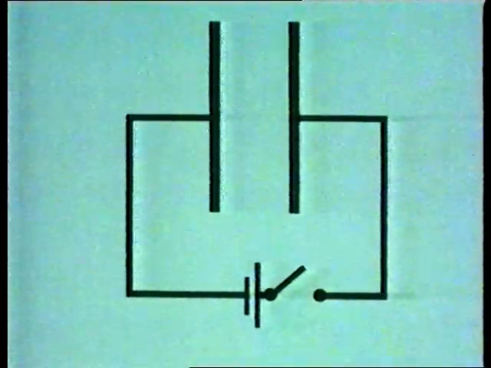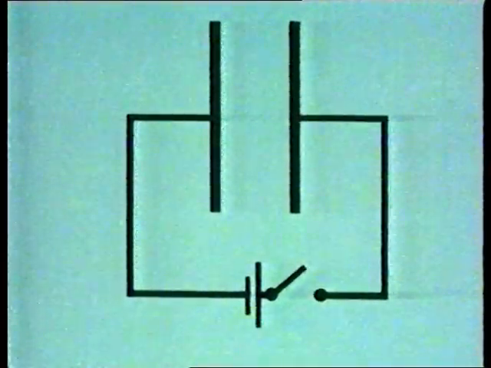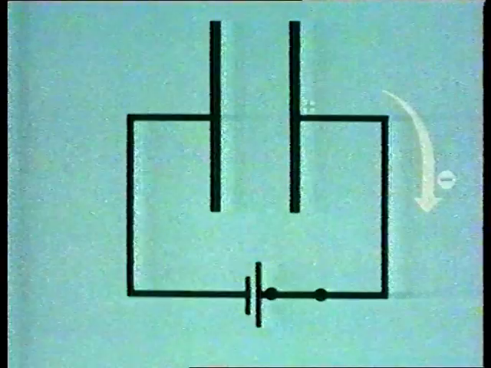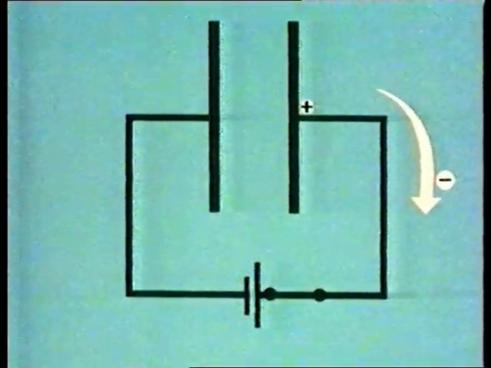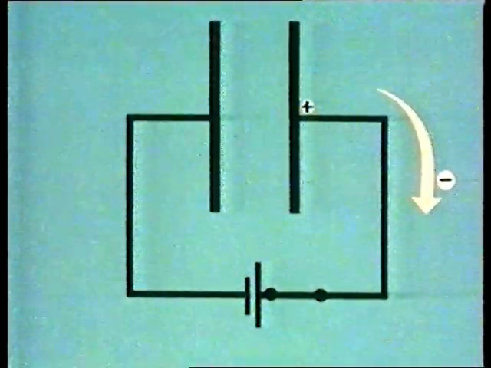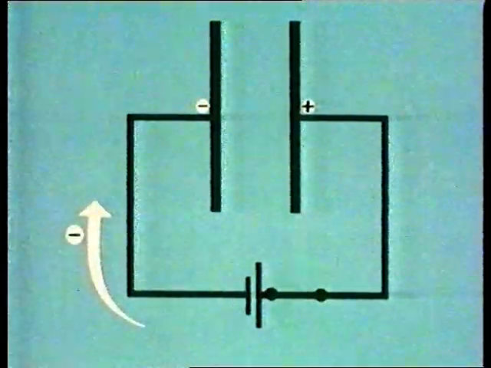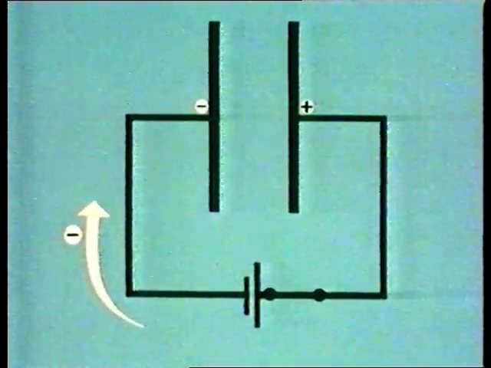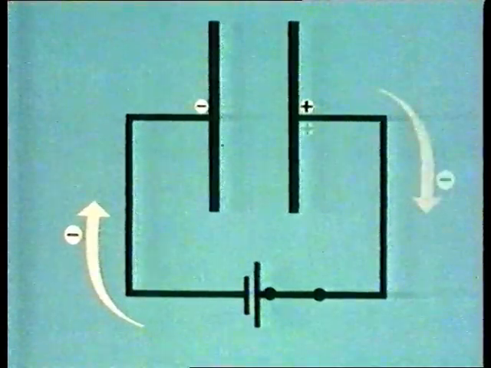Here's what happens. The capacitor's at the top and the battery at the bottom. When we connect the battery to the plates, it acts as an electron pump, pulling electrons off the right-hand plate and making it, therefore, positive, and pumping them onto the left-hand plate, which becomes negative.